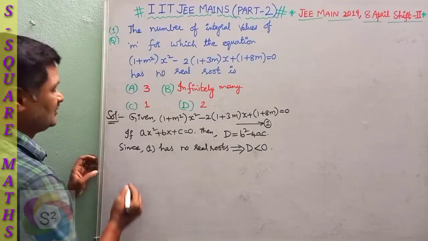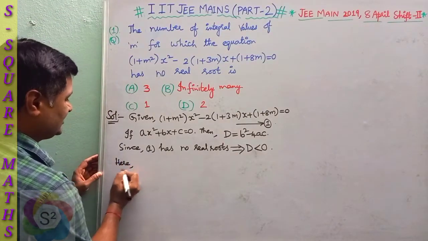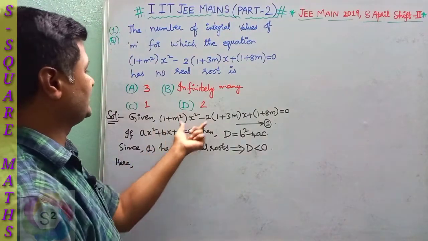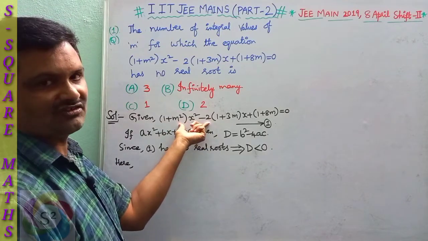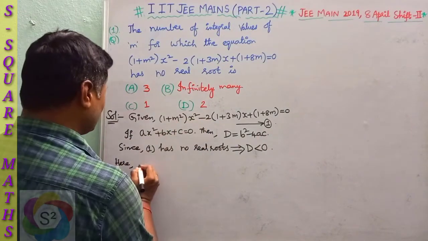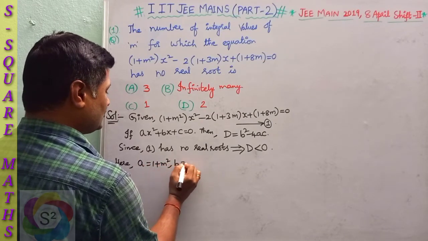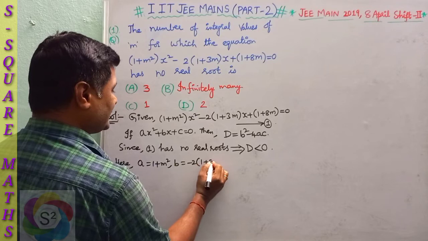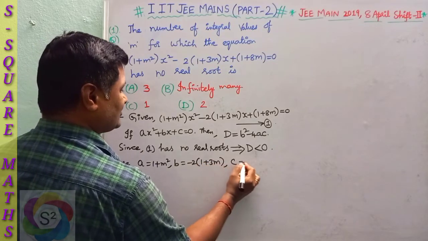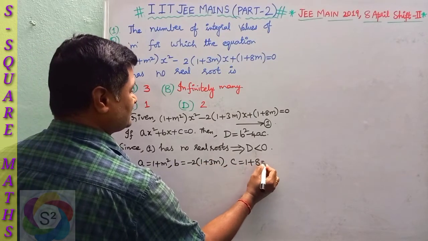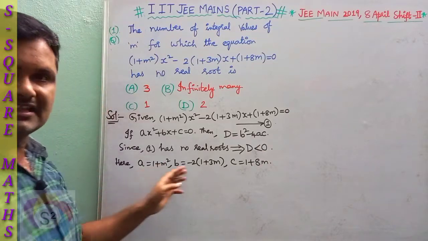Now comparing the standard form with the given equation, a is equal to 1 plus m square, b is equal to minus 2 of (1 plus 3m), and c is equal to 1 plus 8m. So these are the a, b, c values.